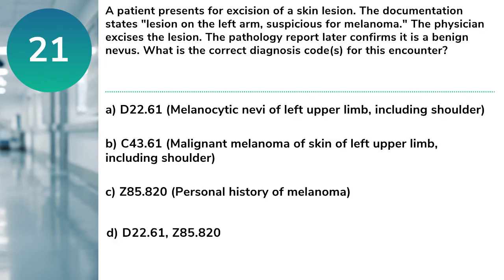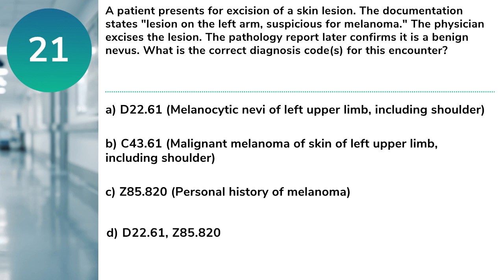Question 21. A patient presents for excision of a skin lesion. The documentation states lesion on the left arm, suspicious for melanoma. The physician excises the lesion. The pathology report later confirms it is a benign nevus. What is the correct diagnosis code for this encounter?